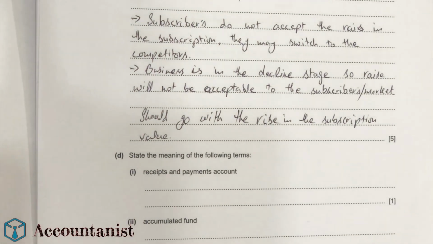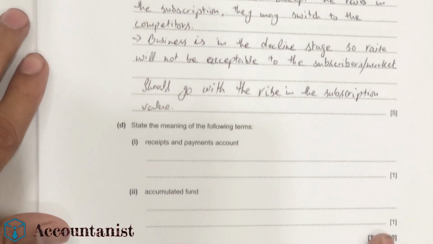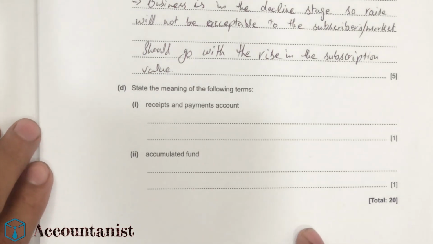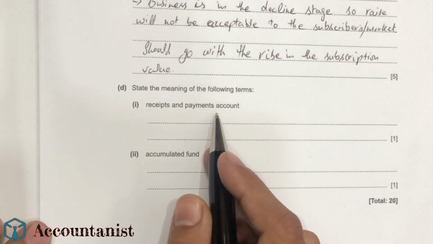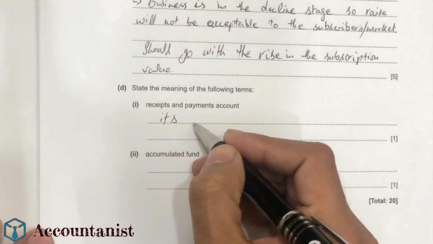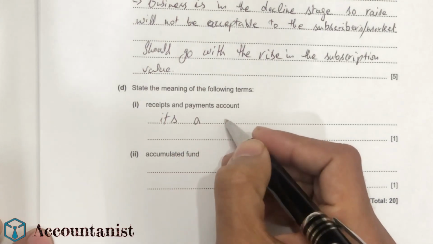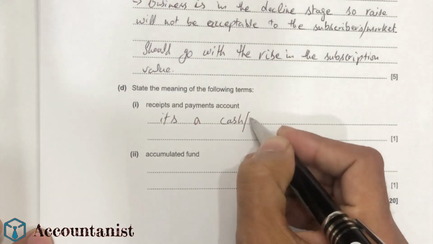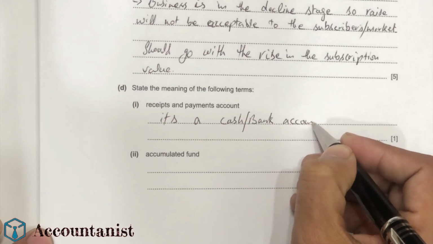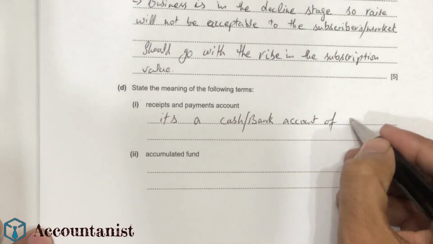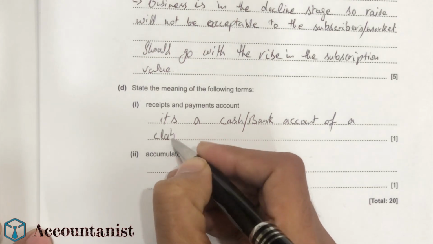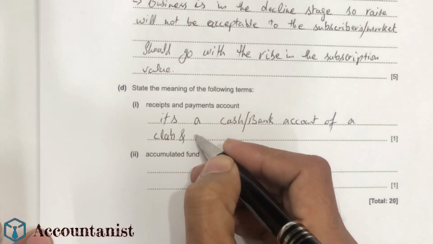The next requirement of this question says: state the meaning of the following terms. So receipts and payment account is a cash or bank account of a club and society business.